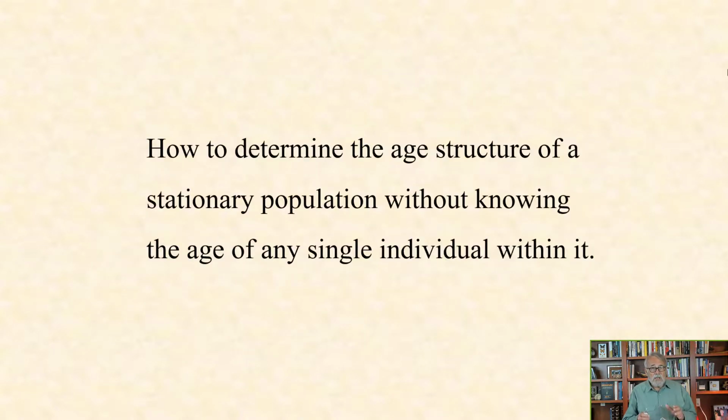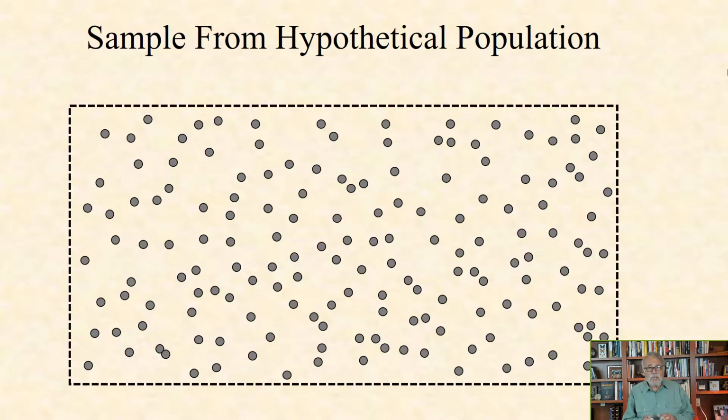Question: how to determine the age structure of a stationary population without knowing the age of any single individual within it. Consider sampling from this hypothetical population with individuals represented as these circles.